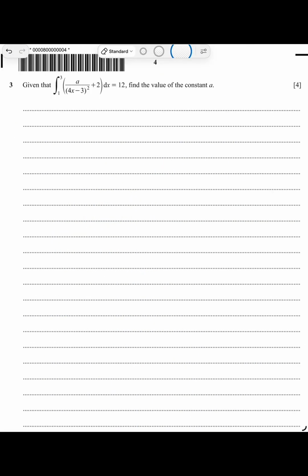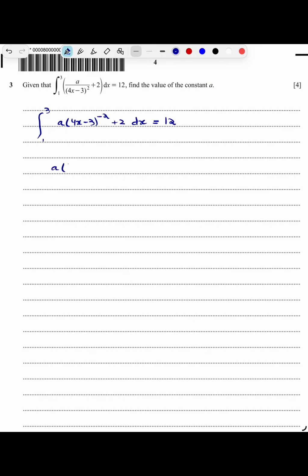Question number 3. Given that the integral from 1 to 3 is equal to 12, find the value of the constant. First let's write this as 4x minus 3 power minus 2 plus a 2 dx, and the value of this is equal to 12.